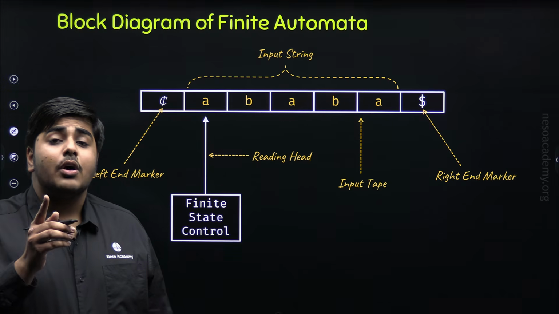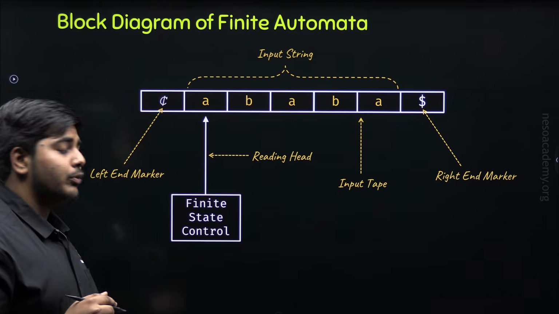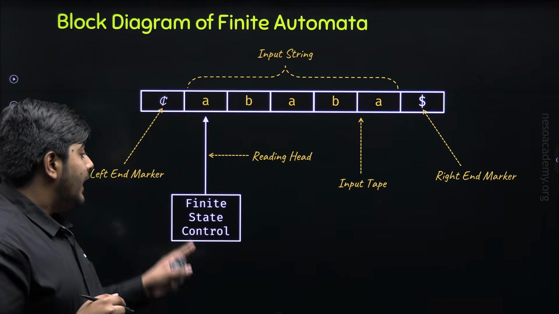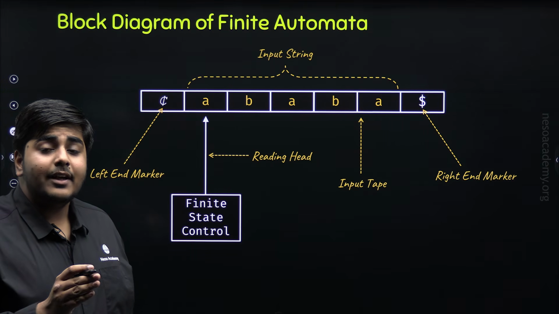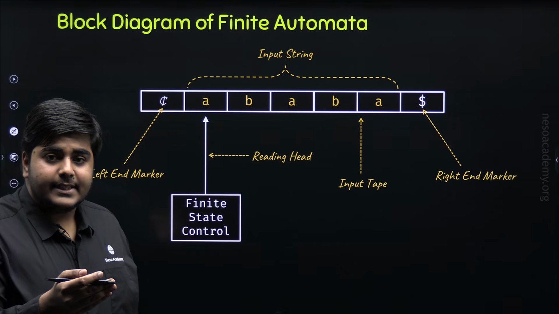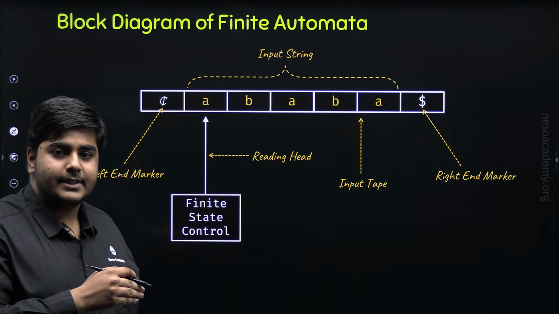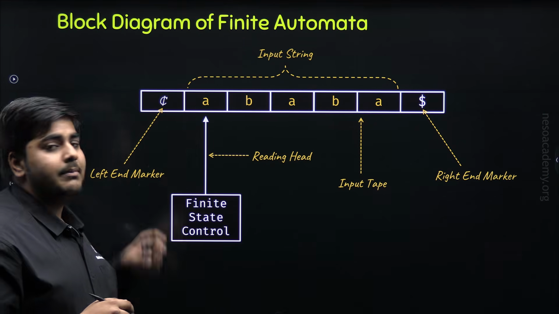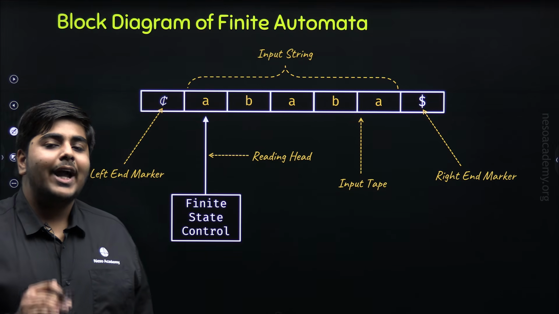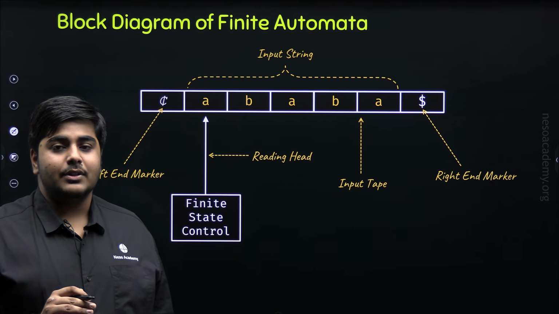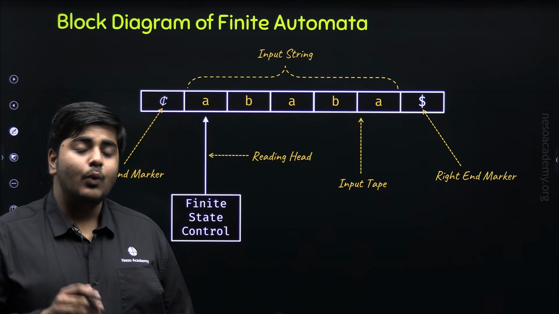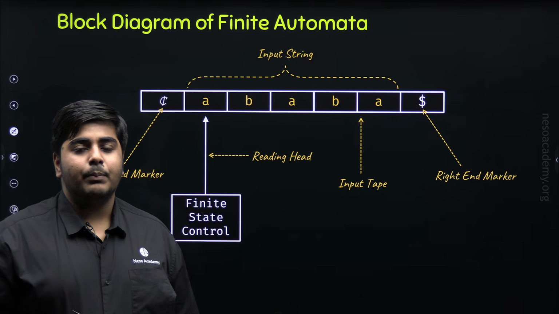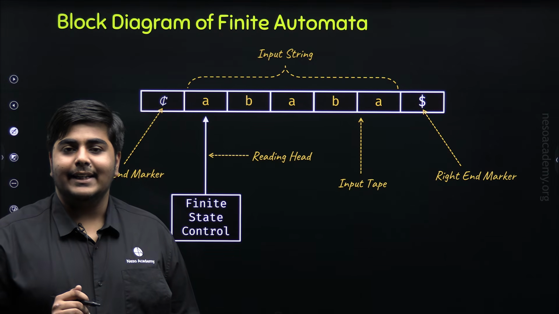This is the most important component of finite automata because in this component, we apply the transition rules to determine which will be the next state on the basis of the current state and the current input symbol. So now I hope you get a basic intuition about the block diagram of finite automata. Now, we will discuss each of these components one by one in details.